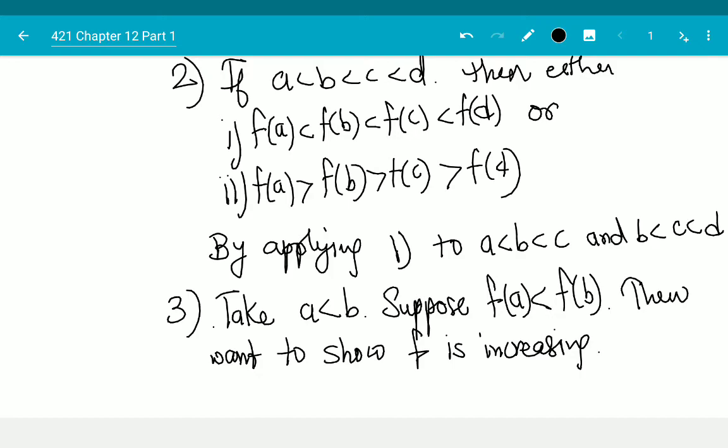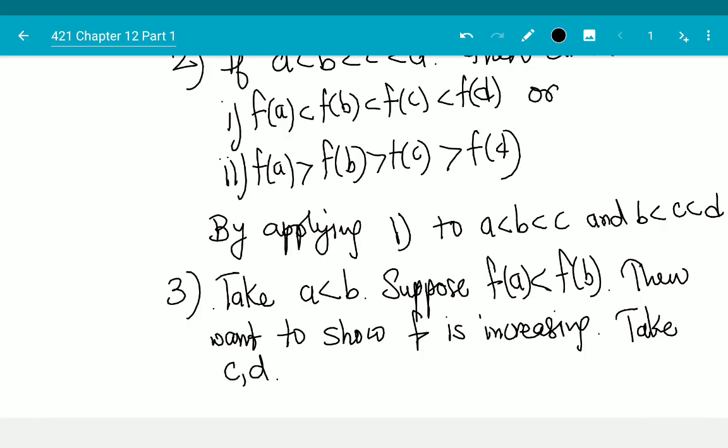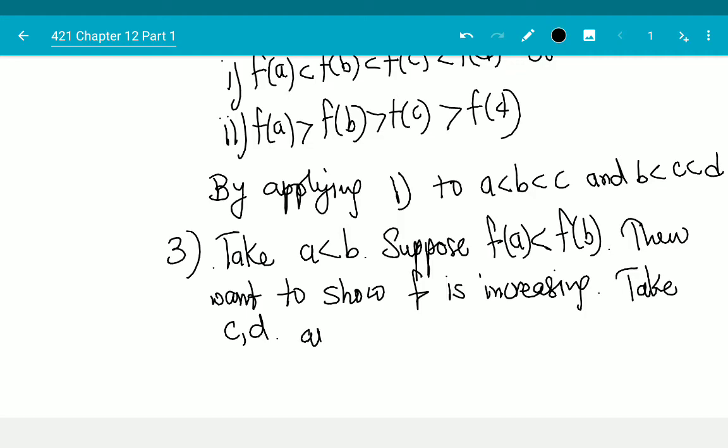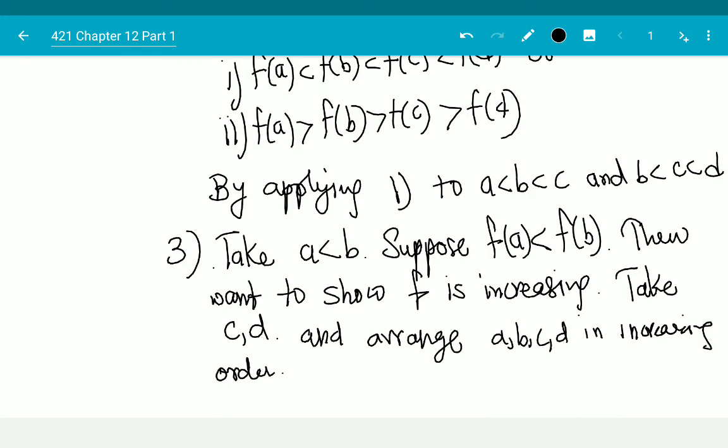Well, take C comma D in A, take C comma D and arrange A, B, C, D in ascending order, in increasing order, and apply 1. And apply 1.